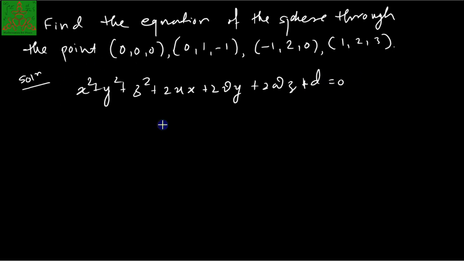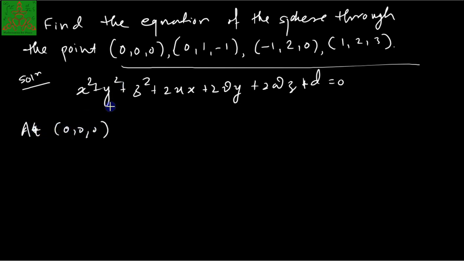Suppose this sphere is passing through these 4 points. That means the equation of the sphere must be satisfied by these 4 points. So if I put x equal to 0, y equal to 0, and z equal to 0 into this equation, that will give you d equal to 0.